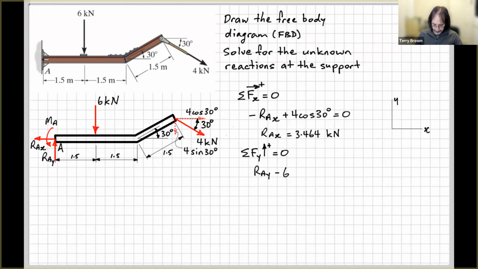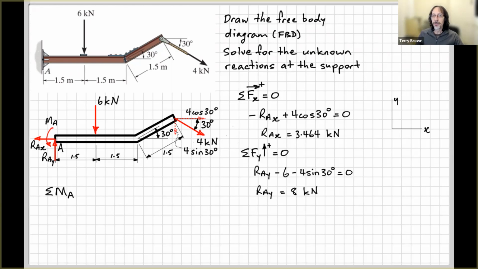You should be able to see that the opposite side of that right angle triangle is the same as our component here. So the length of this component is 4 sine 30 degrees. So let's get rid of that and leave our component in the right spot. That's in the negative y direction, so minus 4 sine 30, all equal to 0, and we can now solve for our unknown reaction force, RAY.